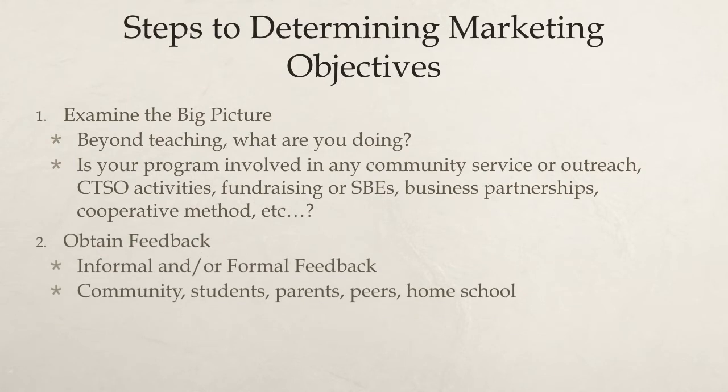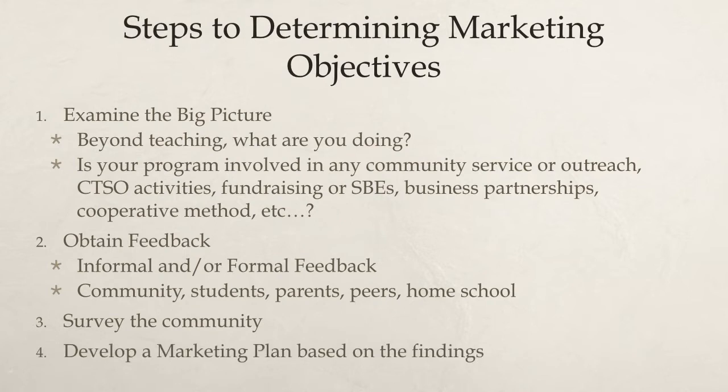The second thing you have to do is obtain some type of informal and or formal feedback. And the feedback you want to obtain would be from the community, from students, from parents, from peers, and potentially, if you're at a tech center, from the homeschool. And one really good way to do that is to survey the community using what's called a community survey.